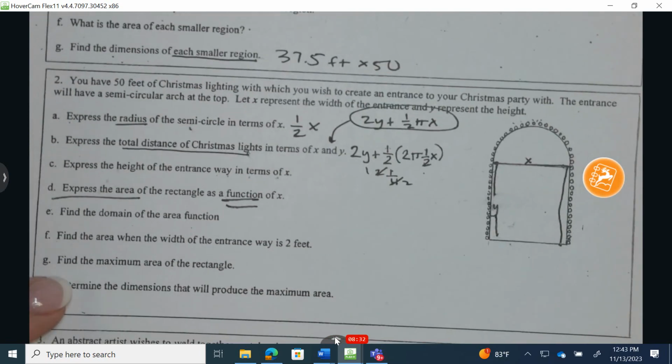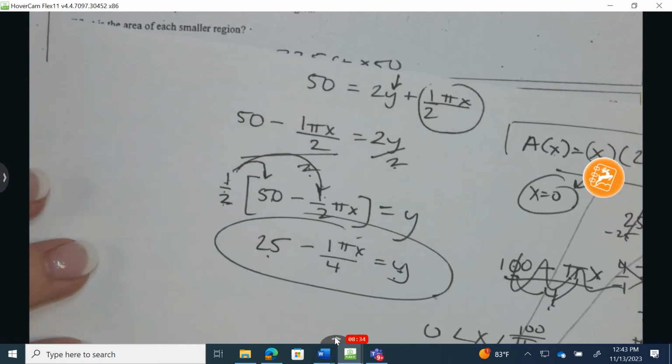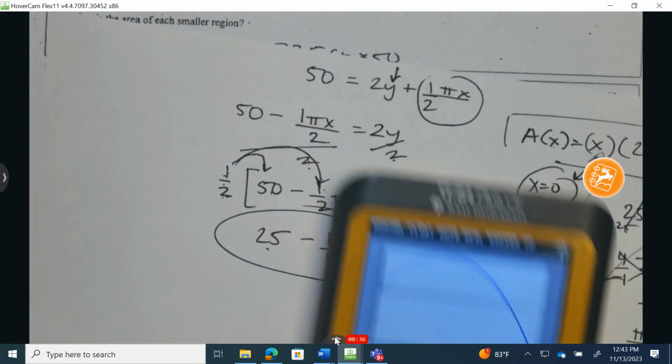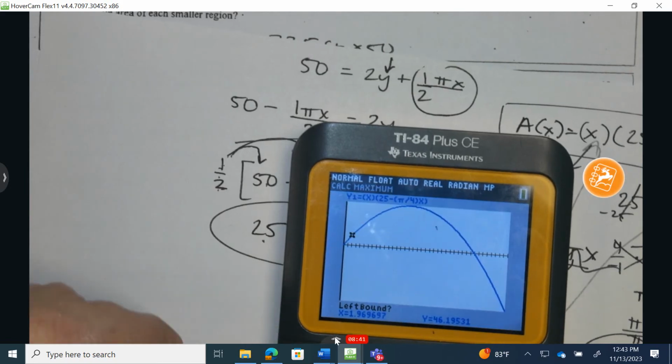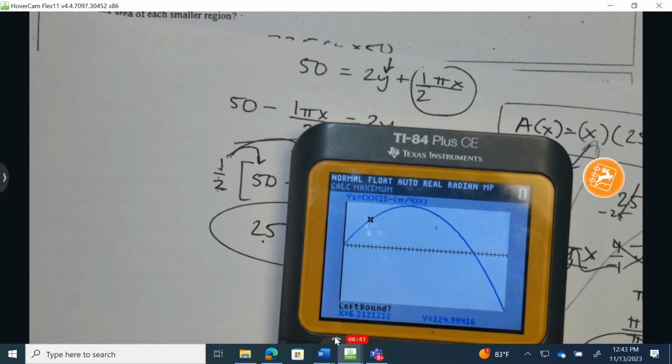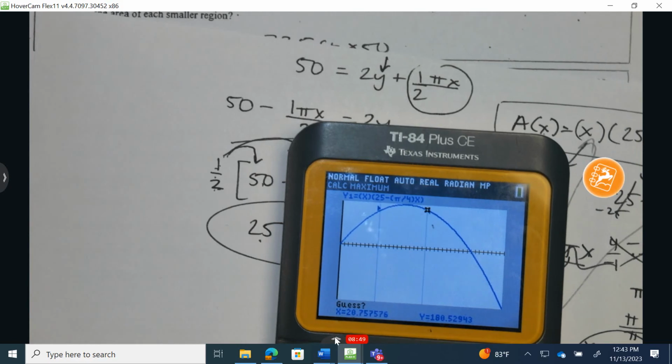Let's go on right now to finding the maximum area. So maximum area is going to be right here. So second trace, making sure you guys can see this, second trace value. So I'm going to go left bound and right bound. So somewhere to the left, pressing enter. Somewhere to the right, pressing enter, coming all the way up and over. Back to the highest point.